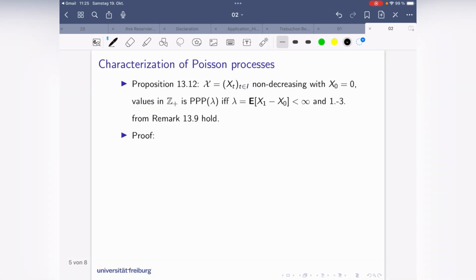So the other way around, now from right to left. I start with the three properties and I have to come to the definition of the Poisson process.